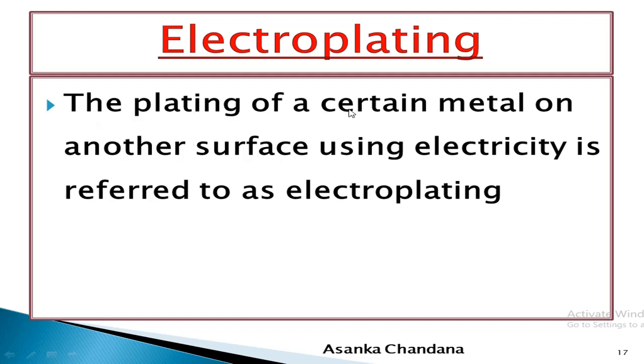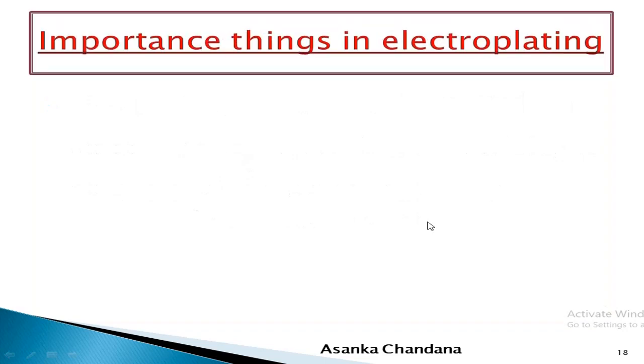The plating of a certain metal on another surface using electricity is referred to as electroplating. Right now we have learnt what electroplating is.